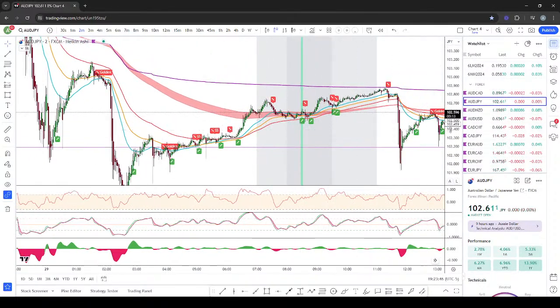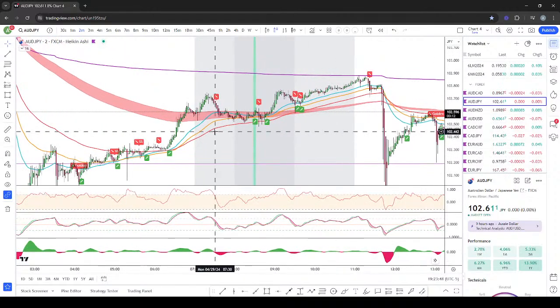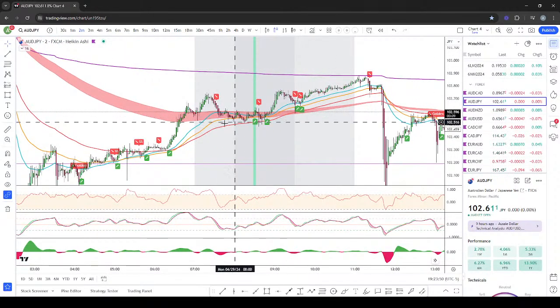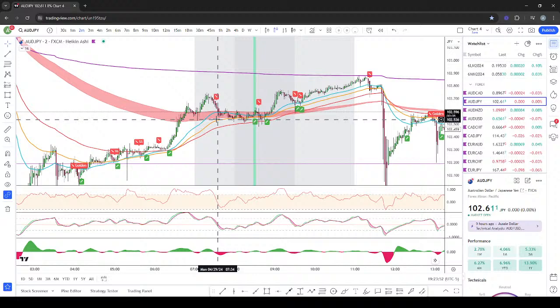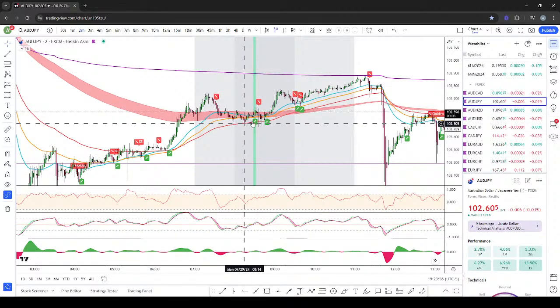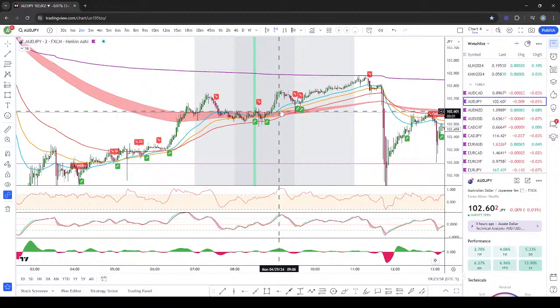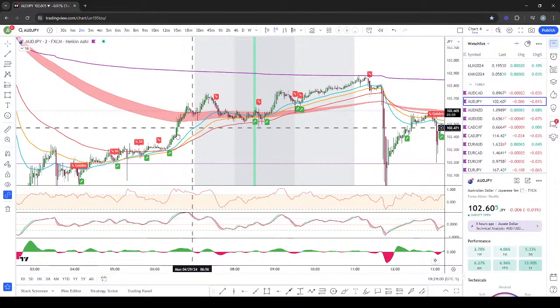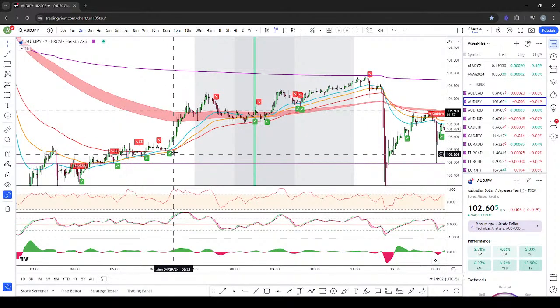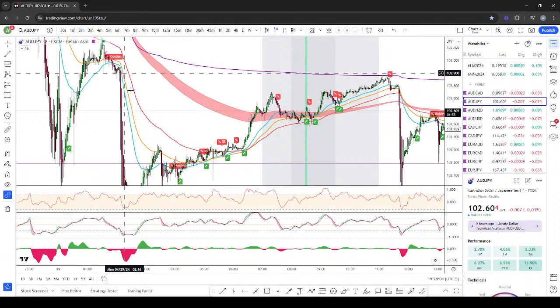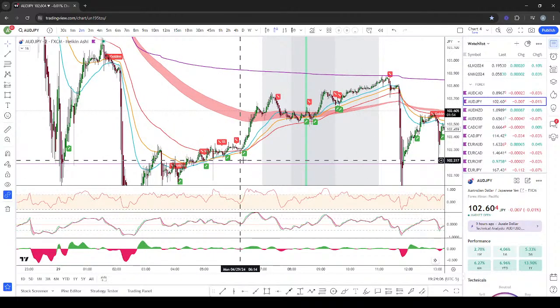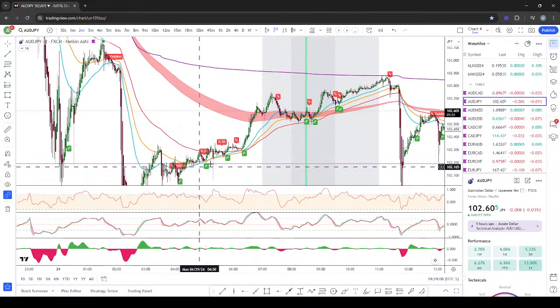So what I like to see on here is I'm looking at the EMAs, and right now, according to these EMAs, everything is pushing upwards. We had a transitional level right here where price came down pretty hard, and it's transitioning.